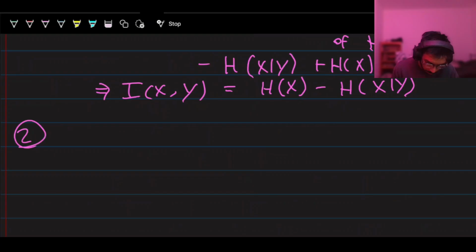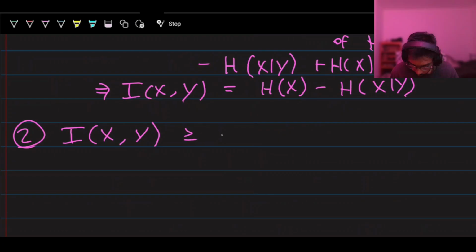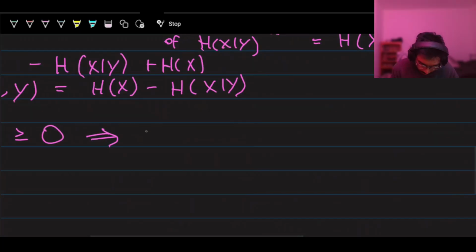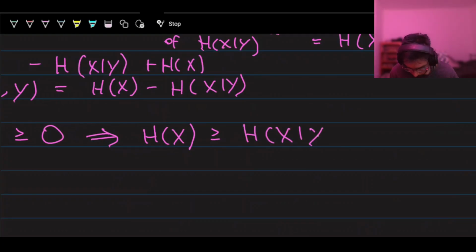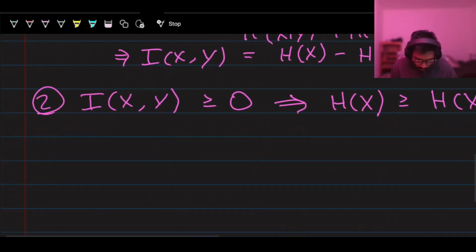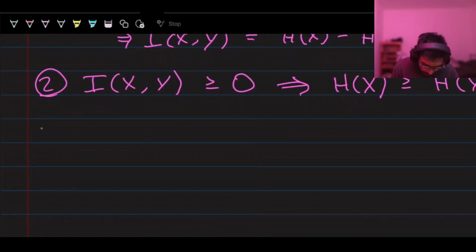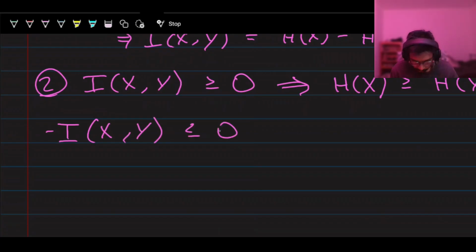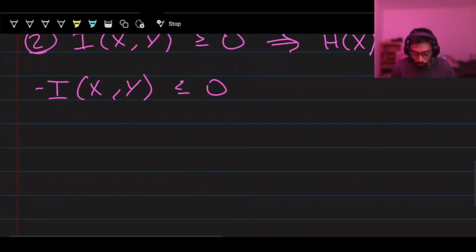The next thing we want to show is that the mutual information is always positive, which means that the entropy of x is always greater than the entropy of x given y. To prove this, we can say that the negative mutual information should always be less than 0, and we can do that using some tricks in our books.